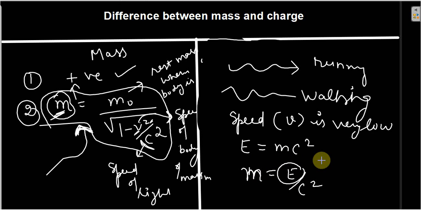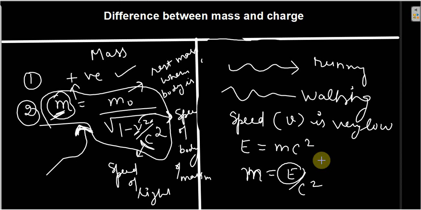During motion, mass is increased in the form of energy, kinetic energy. When you are walking, there is kinetic energy and your body gets a little warm. So that change is very small, and we cannot observe it in daily life.